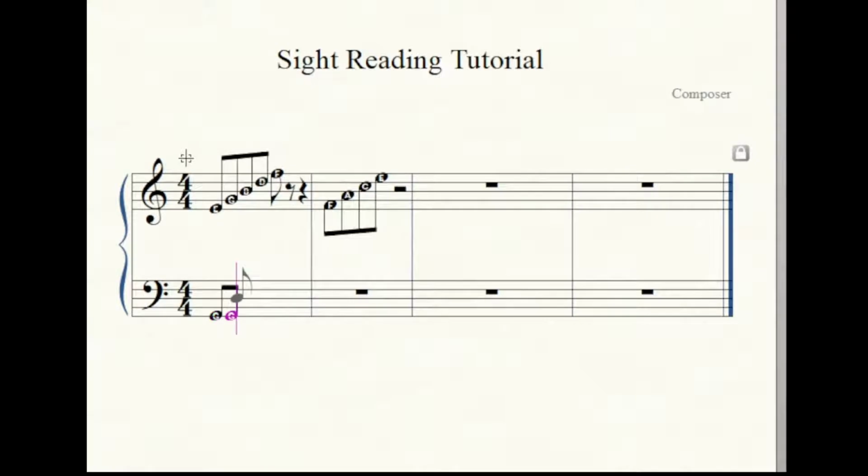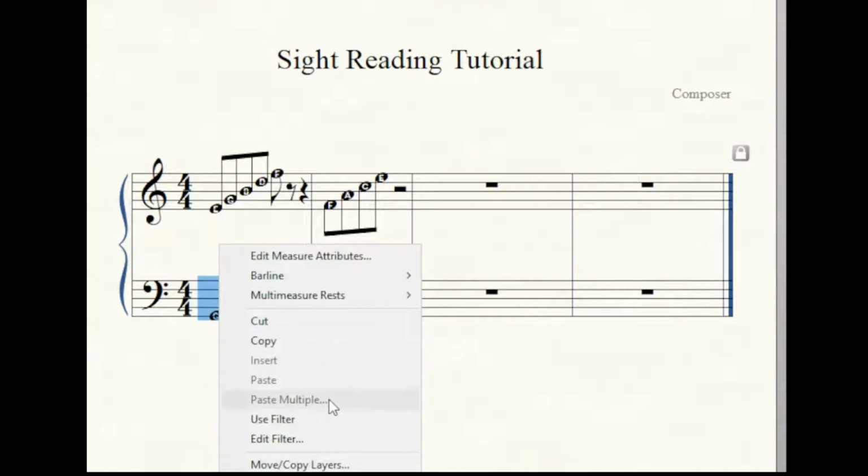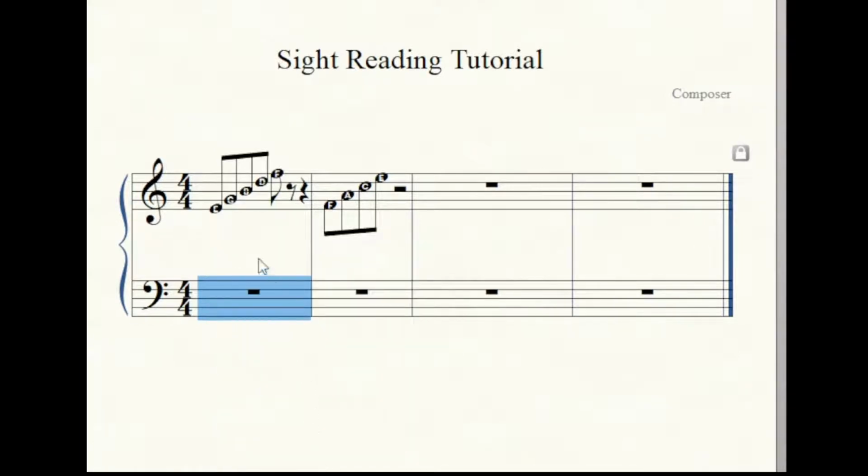So we have G, B, D. Hold on, let me redo this. We have G, B, D, F, and A. Those are the notes that are on the lines in the bass clef.